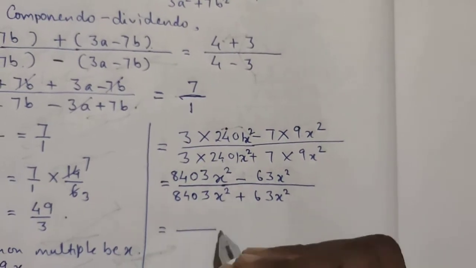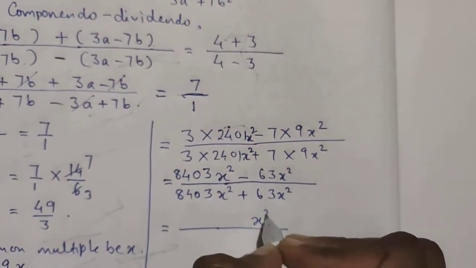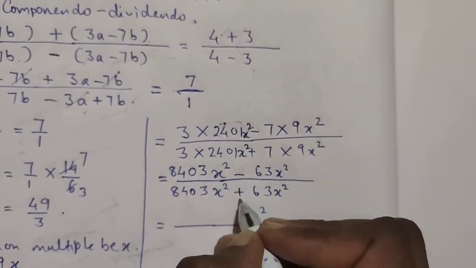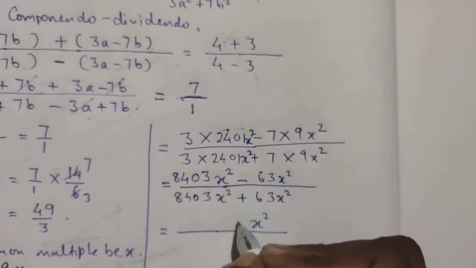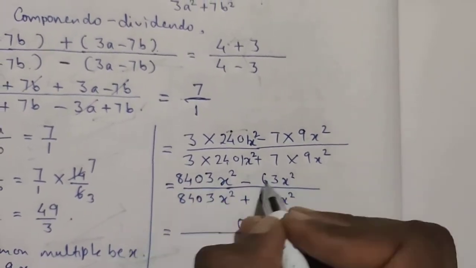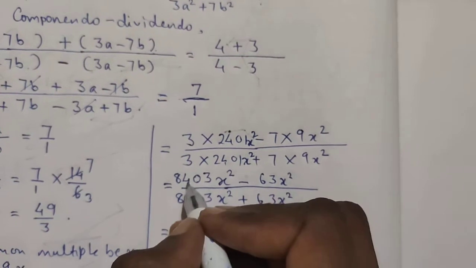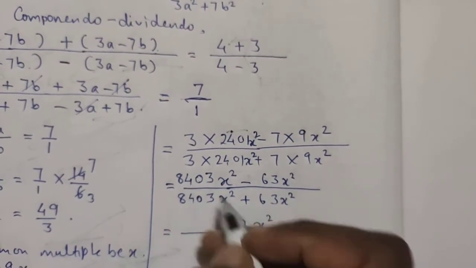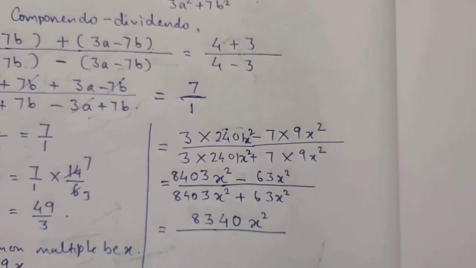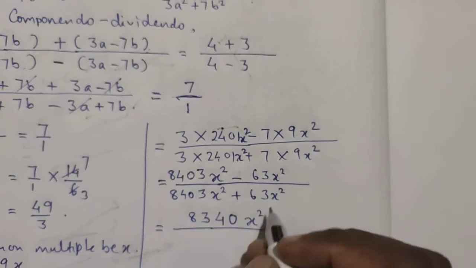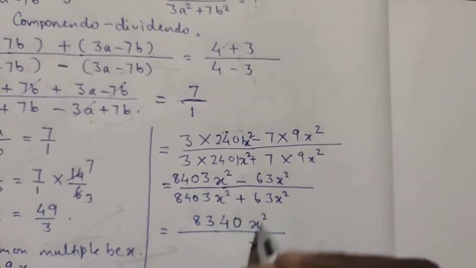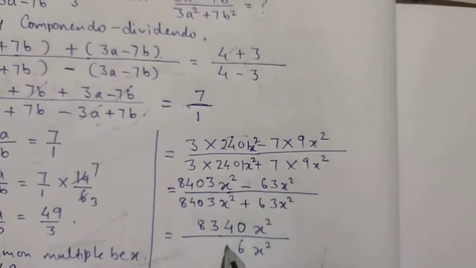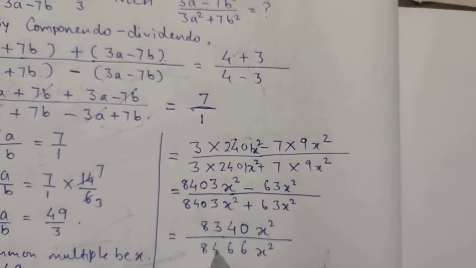Now in the next step you are going to do subtraction here and addition here. So 3 minus 3 gives you 0, 10 minus 6 gives you 4. This is 3, so 8340. And here you have to add, so 3 and 3 becomes 6, this is 606 and 8 4, so 8466.